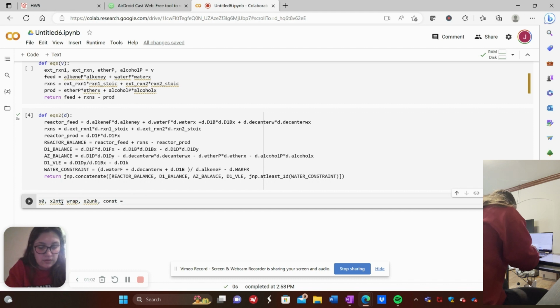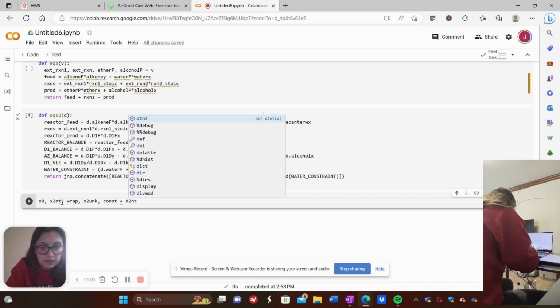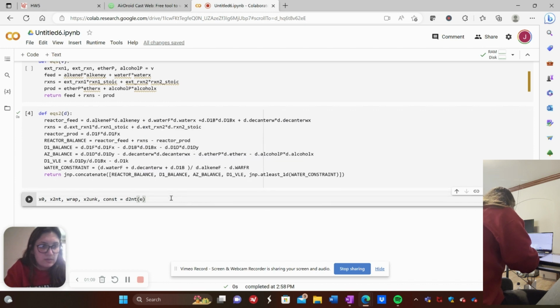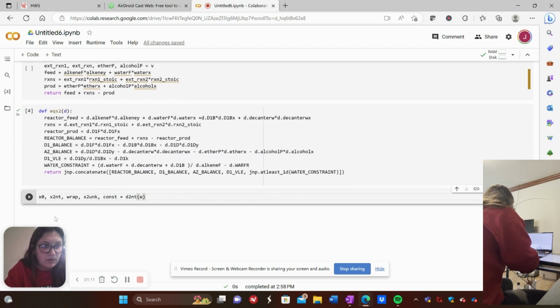So now we use d2nt. And so for us, what we really are going to use is this x naught, which is our initial guesses, this wrap, which is going to wrap our function, basically giving out a new function that allows us to put our equation into our root solver. And then this unknown just so that we can see our results more easily.